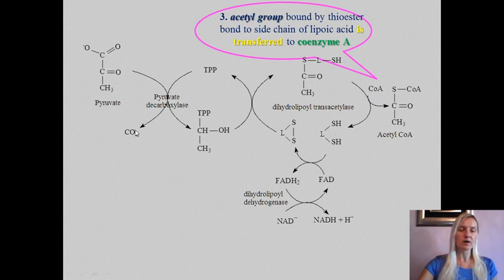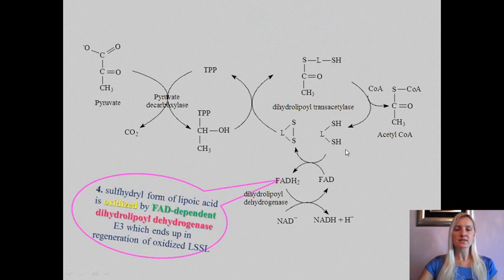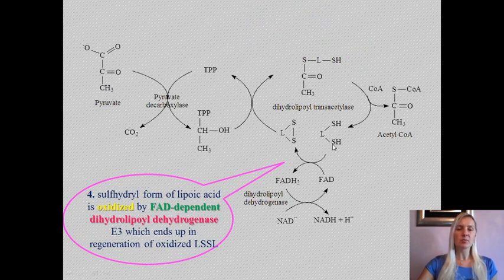So far we have carbon dioxide, we have acetyl coenzyme A. Now we have the reduced form of lipoic acid, dihydrolipoyl, so we have to regenerate lipoic acid, which occurs in step number 4.